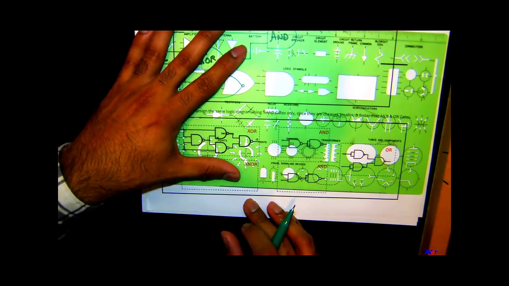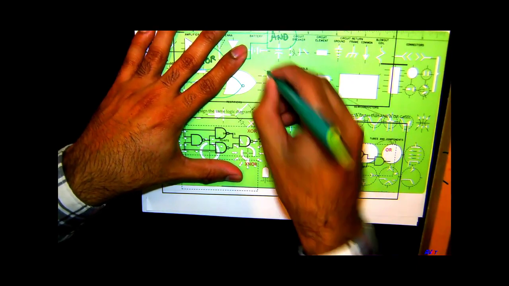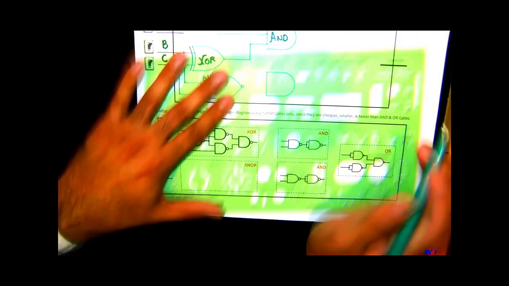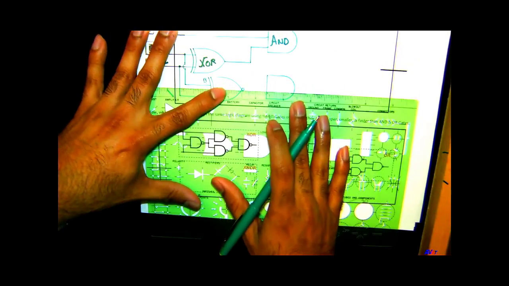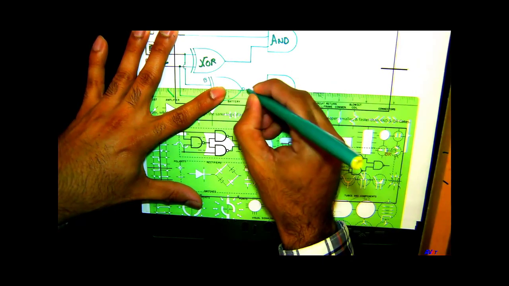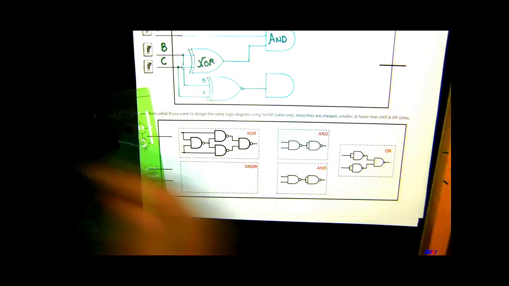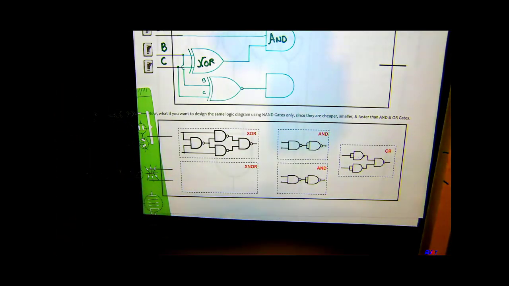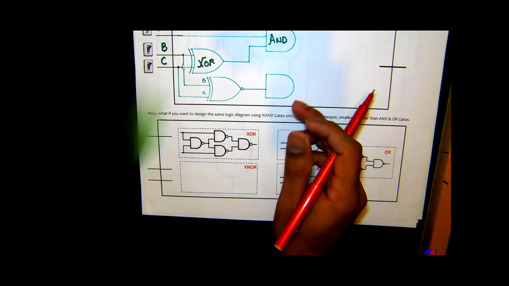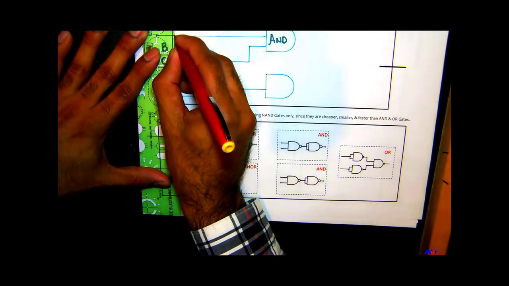Here. And then I need another AND gate, right here. One of the inputs going into this AND gate is this right here. And then I also need a bar, so I'll just squeeze a wire from here.